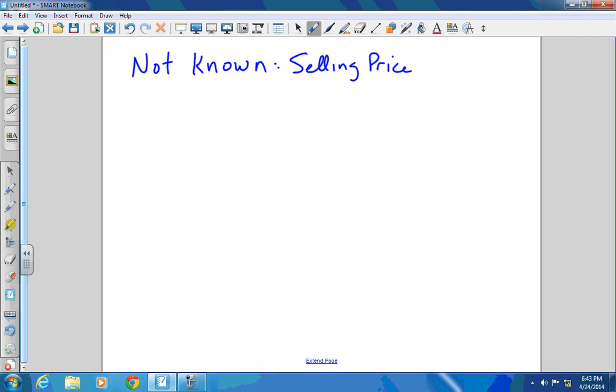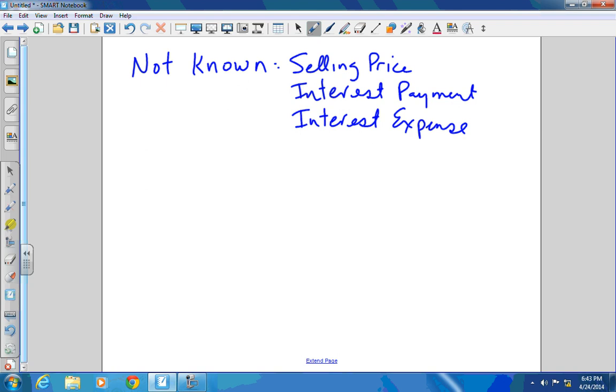Right, so we have to figure that out. And we're going to have to figure out the interest payment. That's not given. That's not known right off the bat. And then we have to do interest expense. That's the other thing that's not given and that we have to figure out.